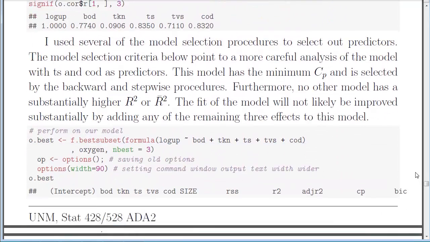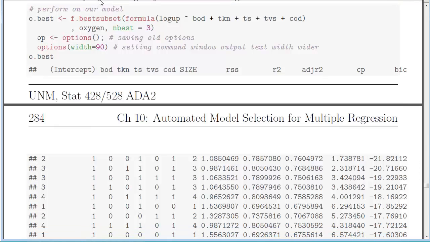All right, so let's use that function I wrote to give us all that output all at once. So here I've put in, with the log of the oxygen uptake as the response variable, all the other variables as main effects. Now it's possible at this point that we could actually consider interactions and quadratic terms because we have those skills with us.